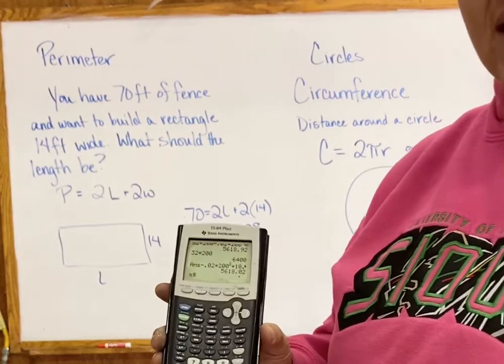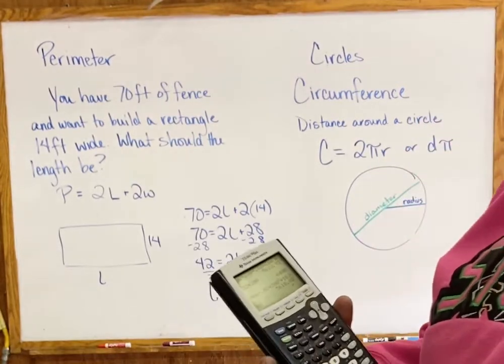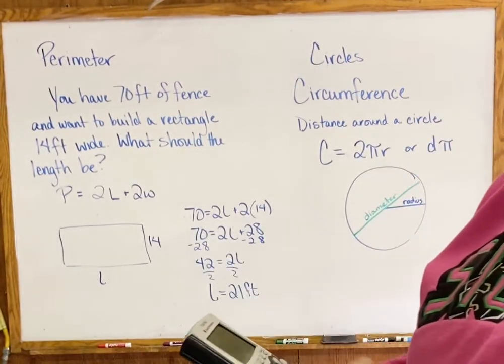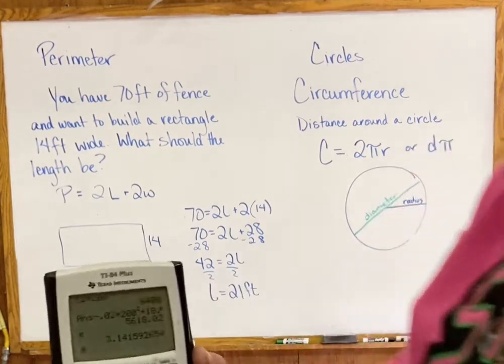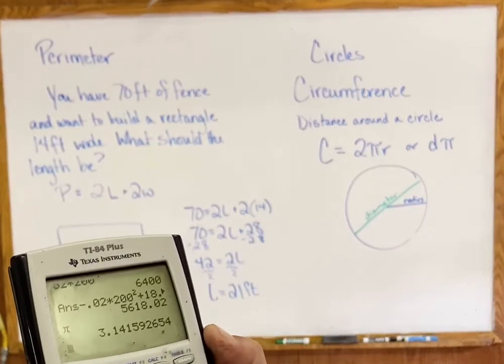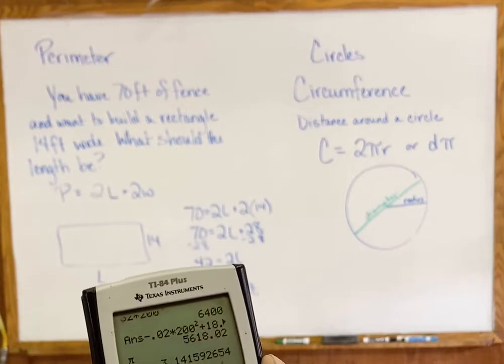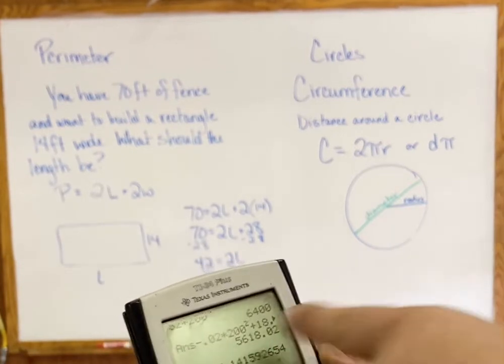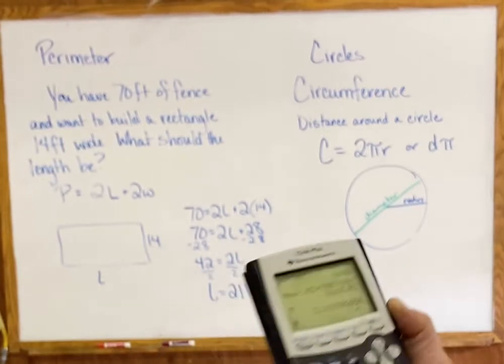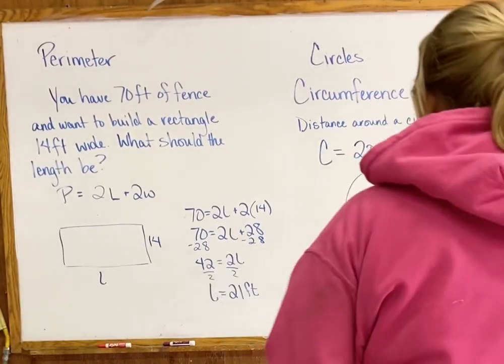And the idea is when you put in second pi, it's not just using 3.14, it's using 3.141592654, and again, it goes on and on forever and ever. But at least you're getting a lot better rounding when you use your pi button.